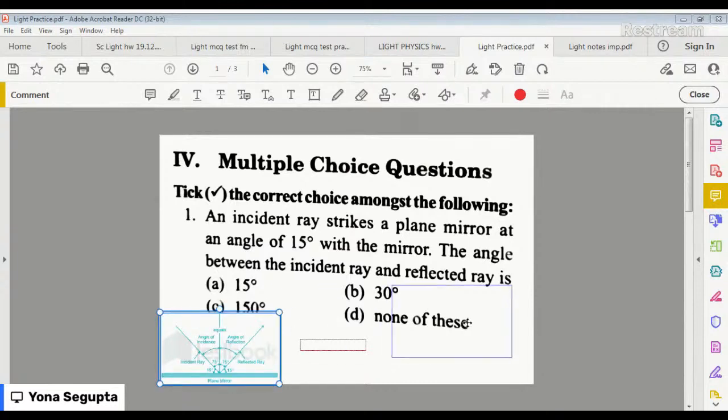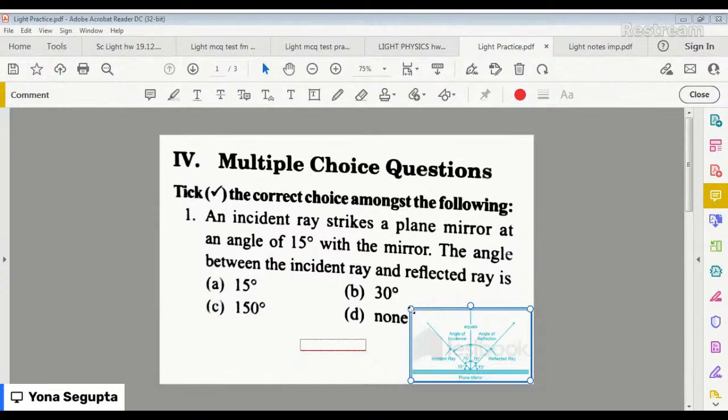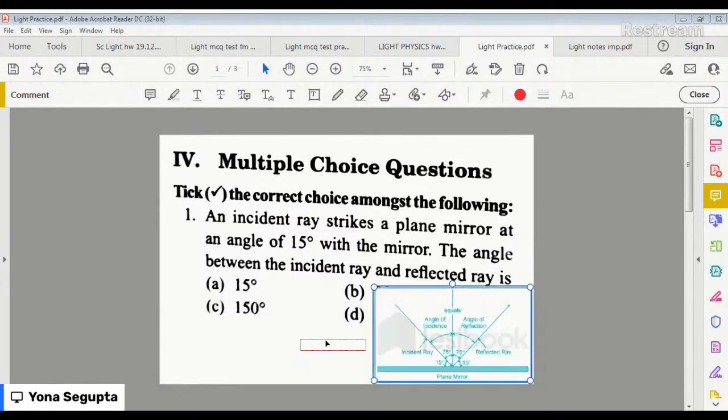You only need to see the answer here. So the correct answer here will be 150 degrees.